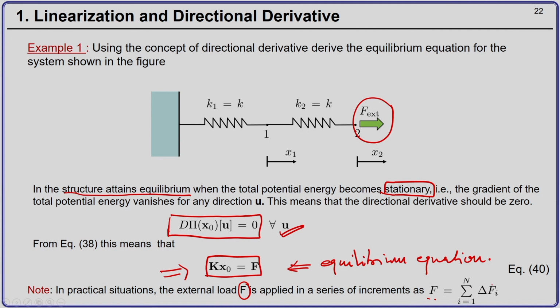So, you will have F equal to delta F 1 plus delta F 2 all the way up to delta F n, where n is called the number of load steps. So, this is also called the incremental approach.